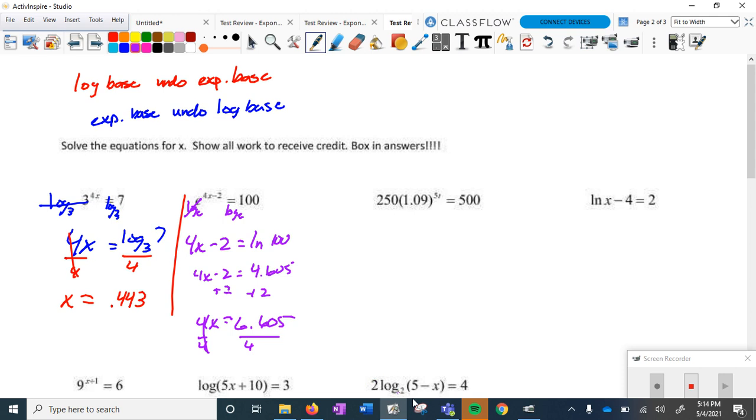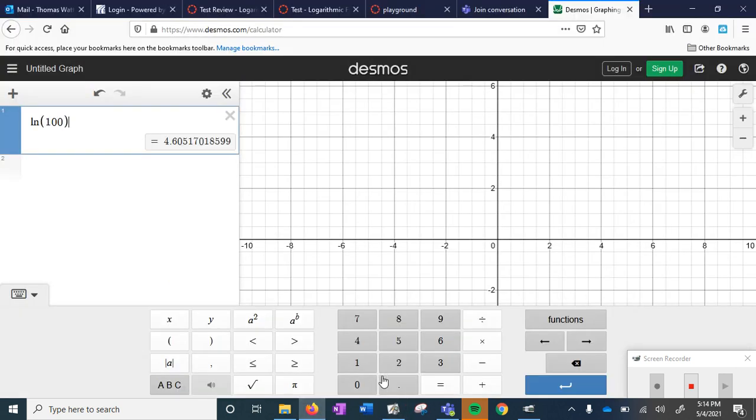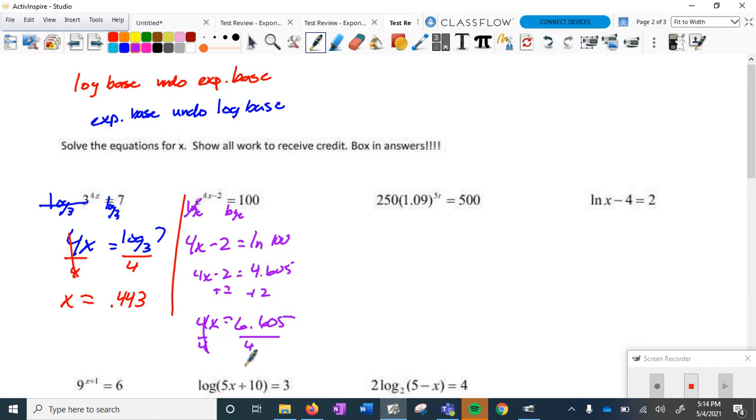So we're going to take our 6.605 divided by 4. So 1.651. More likely on these fill in the blank ones, you are going to have to go to 3 decimal places on the test.